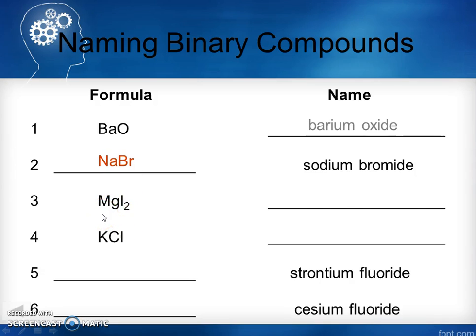Number 3, magnesium iodide, KCl, potassium chloride, strontium fluoride. You should have gotten SrF2, and cesium fluoride would have given you a ratio of 1 to 1, or CsF.